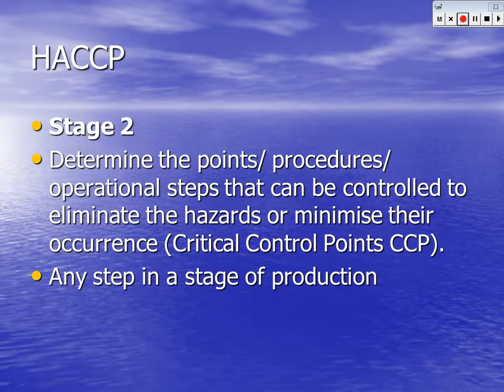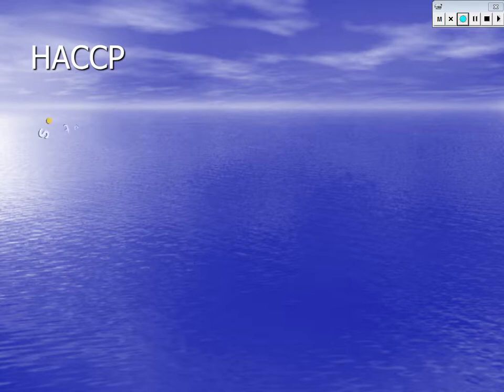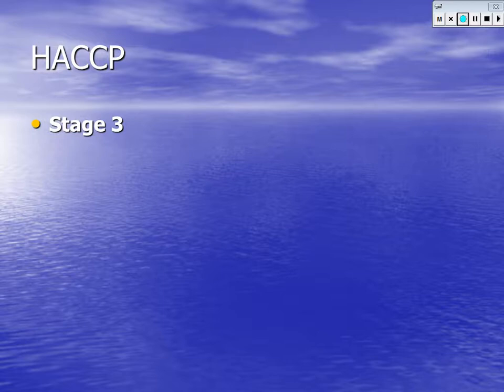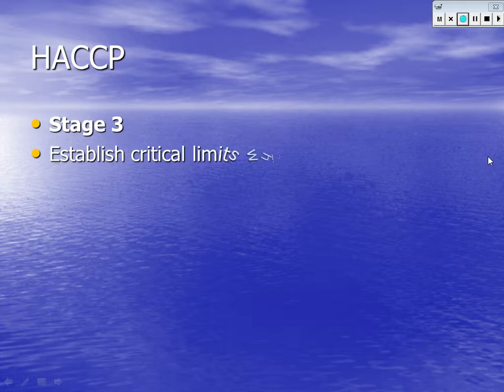Any step within our production cycle, realistically, particularly post-mortem or after death, should have a HACCP associated with it, and in some cases, even when we're feeding livestock, like feeding barramundi, or particularly in aquaculture operations, we would look at what we are actually feeding our fish to prevent further contamination from a contaminated food product.